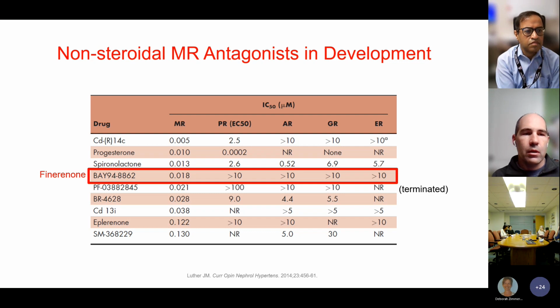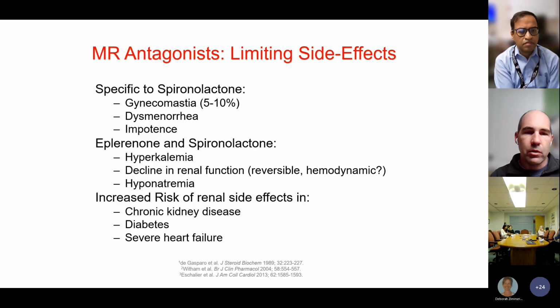There are some other ones that have come down the pike as well and are in development. So finerenone is just the first. In Japan, I believe they have esaxerenone already, which has been around for a little bit longer. So I don't have that on there. So that's an incomplete list. There are some more updated ones.